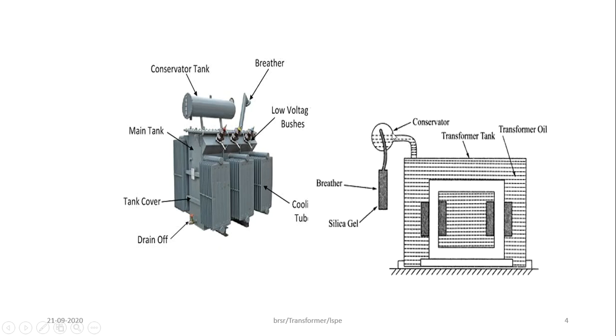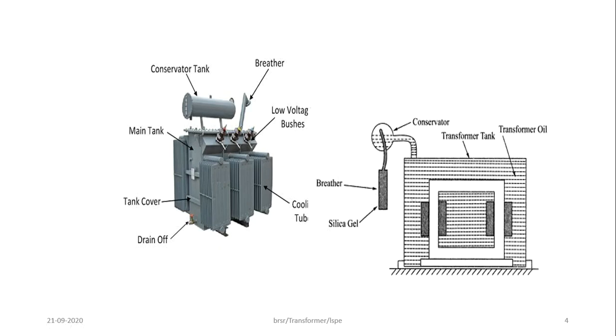The conservator is a tank which also has transformer oil, and this transformer oil will be replenished as the transformer oil decreases upon working. This breather and silica gel are the ones which are used for eliminating the water droplets which may form in the transformer oil.